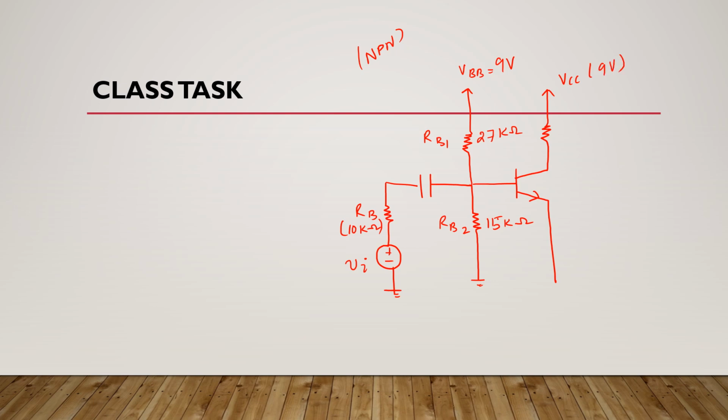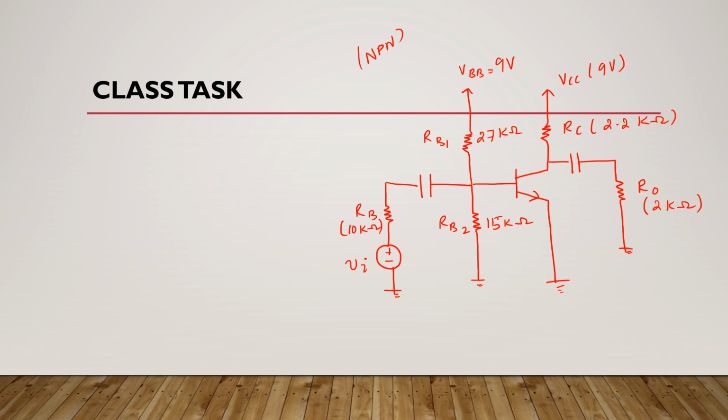This is RC, which is 2.2 kilo ohms. Here the emitter is grounded, and here we have another capacitor, and here we have Ro, and suppose it is 2 kilo ohms.